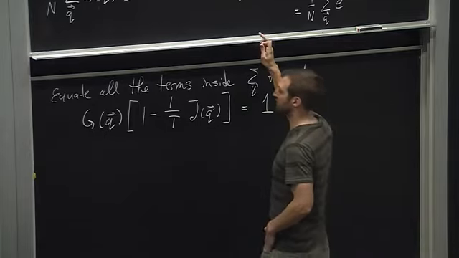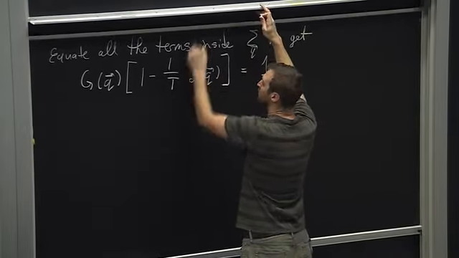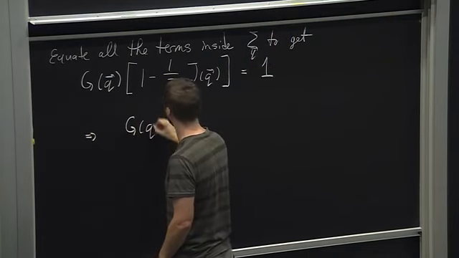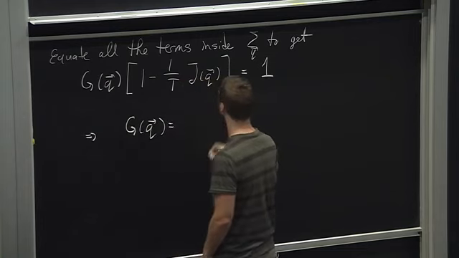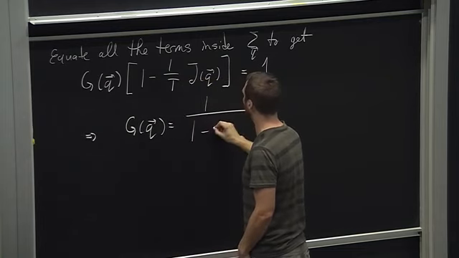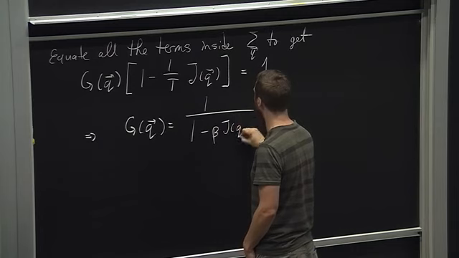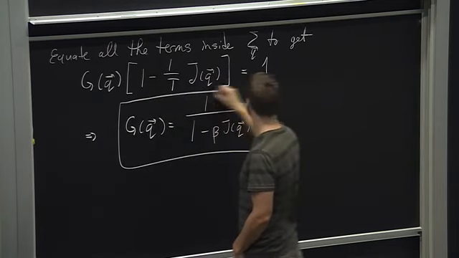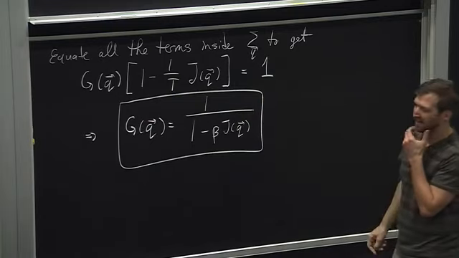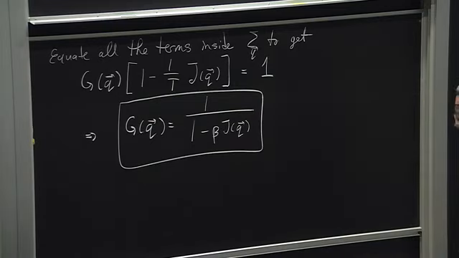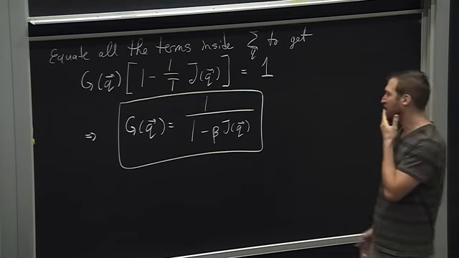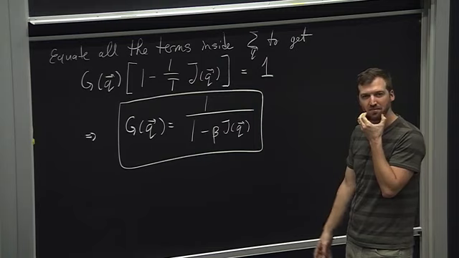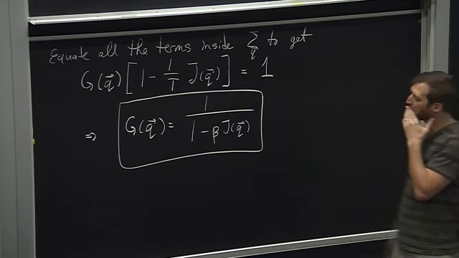So you might see this written sometimes: 1 over t is just beta. So G of Q is 1 over 1 minus beta J of Q. And what we need to do is solve for J of Q somehow. Okay, but this is the starting point.